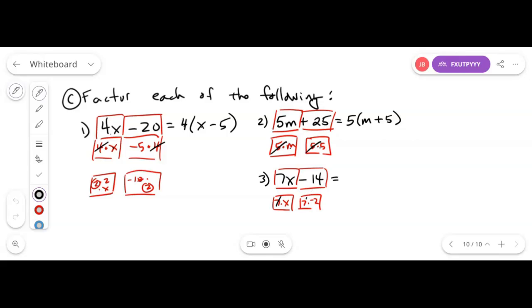I can take the 7 out of both boxes, and I'm left with x minus 2. 7 times x is 7x. 7 times -2 is -14. You do that one.